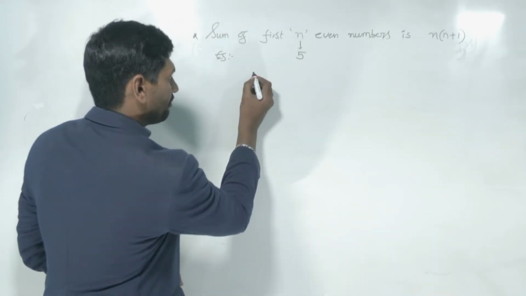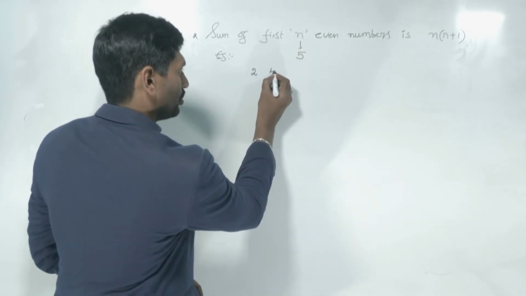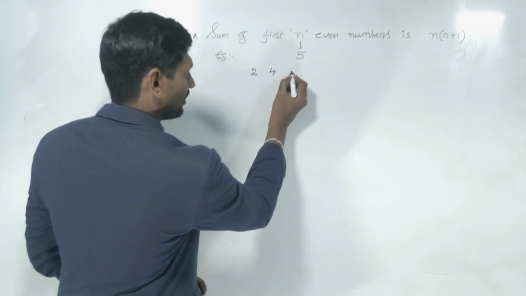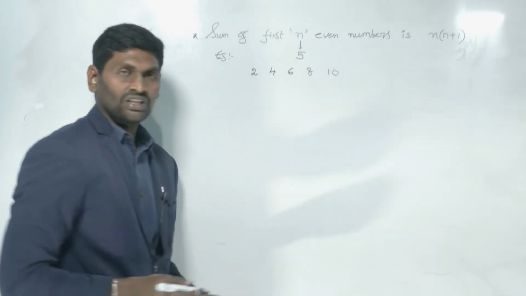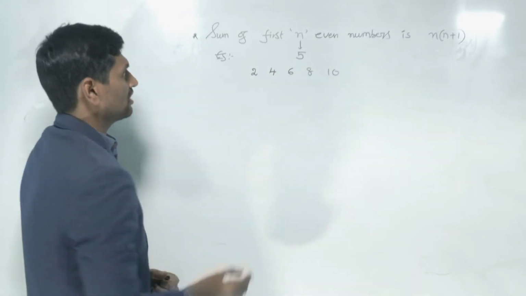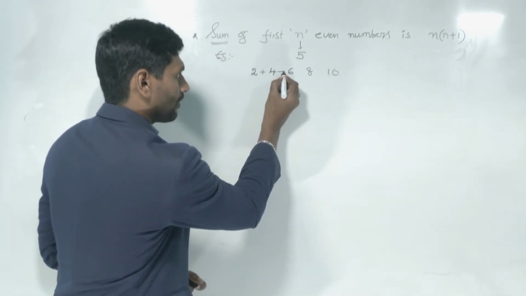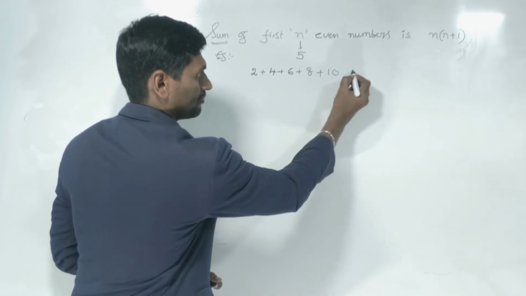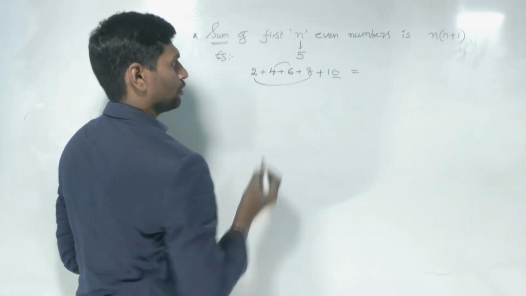What are the first 5 even numbers? The first even number is 2, after that 4, 6, 8, 10. These are the first 5 even numbers. Sum means addition. Add all of them. What is the answer? 8 plus 2 is 10, 4 plus 6 is 10, 10 more, total 30.